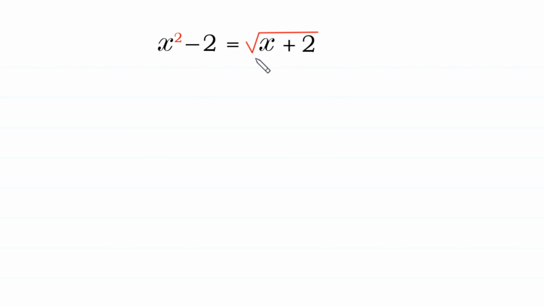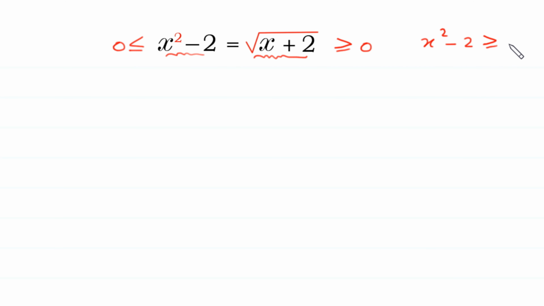Since this expression, the square root of x + 2, is a radical, it must be greater than or equal to 0. And this expression x² - 2 is equal to this expression. So x² - 2 must be greater than or equal to 0.